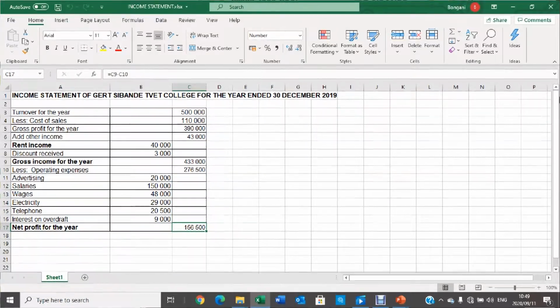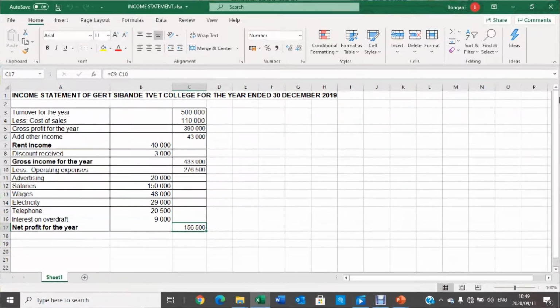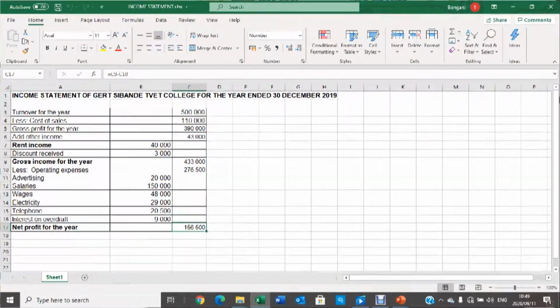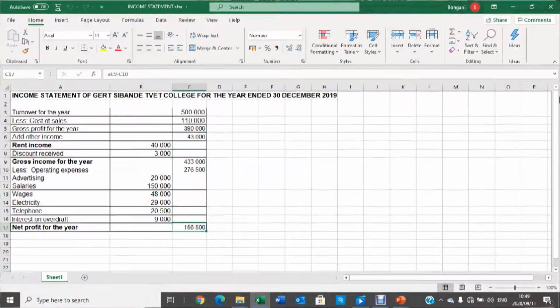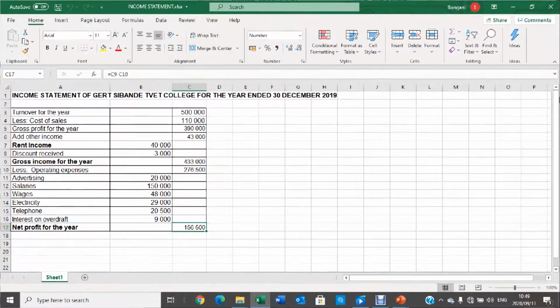Then we move to operating expenses. The operating expenses that we have are advertising, salary, wages, electricity, telephone, and interest on overdraft. We should add all the operating expenses so that we can get the amount for operating expenses.